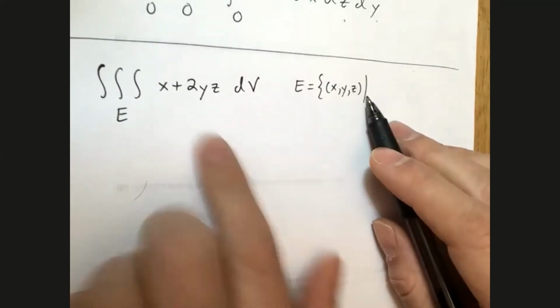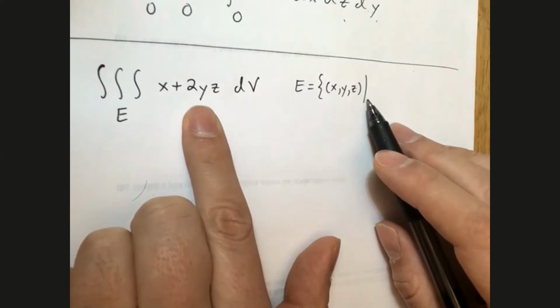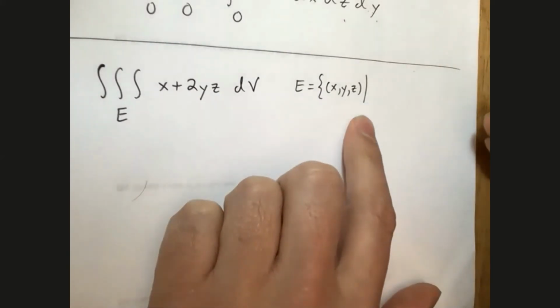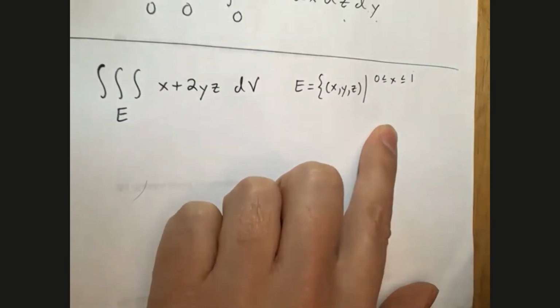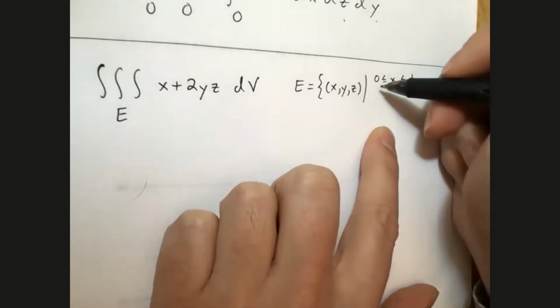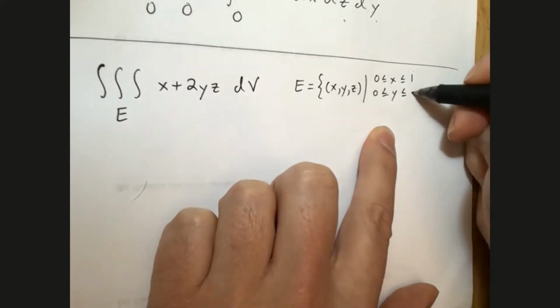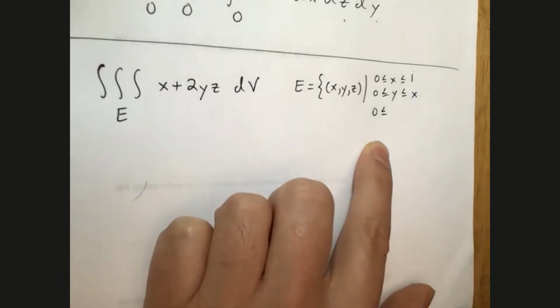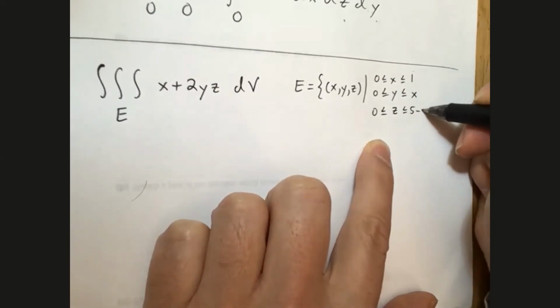So we're going to do this integral, and the region is going to be, okay, x is between 0 and 1. y is between 0 and x. And z is between 0 and 5 minus x minus y.